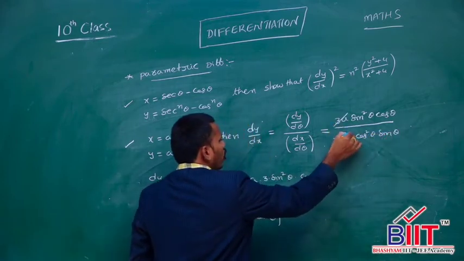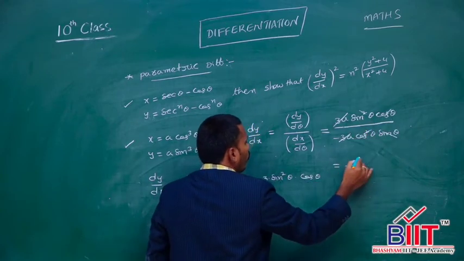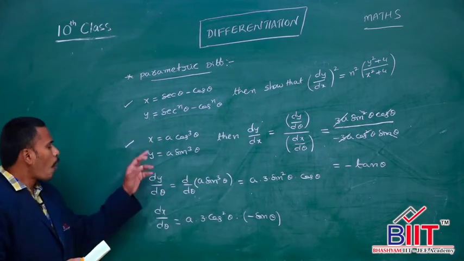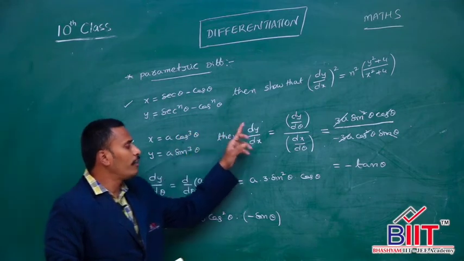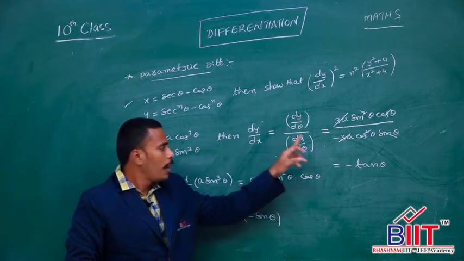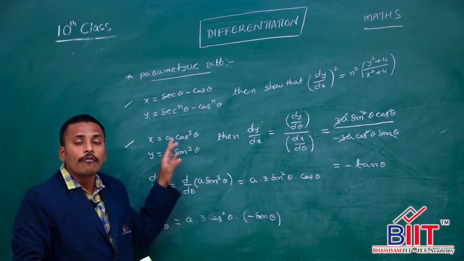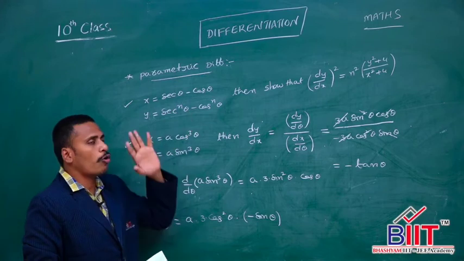So just cancel out this 3a, 1 sine theta and 1 cos theta, and you are left with minus tan theta. At the end, if y and x are a sine cube theta and a cos cube theta, the derivative of y with respect to x is minus tan theta, and this is the way of calculating the derivative for these types of parametric functions. And then I have one more problem.